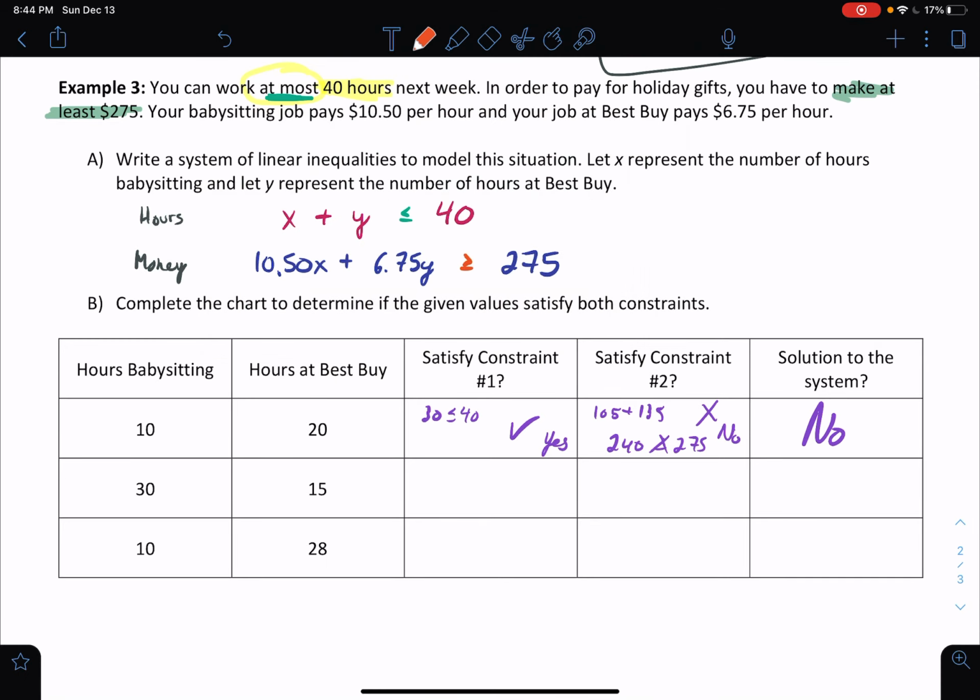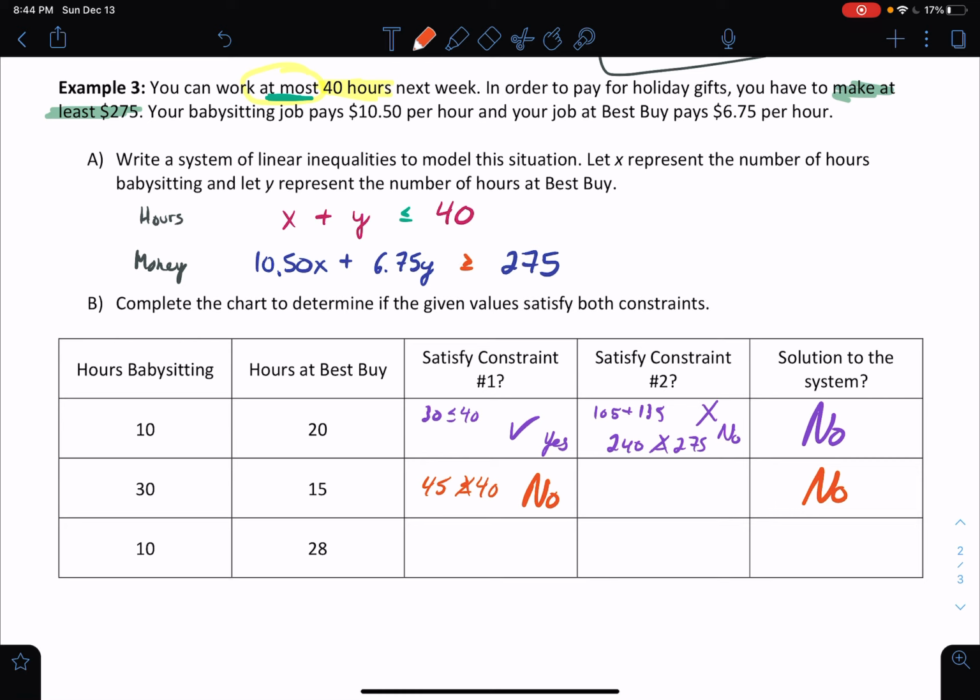Alrighty? What about 30 and 15? Well, 30 hours babysitting and 15 hours at Best Buy, that's 45 hours total, which is not less than or equal to 40. So since it doesn't fulfill our first constraint, we know that this is not a solution to our system.